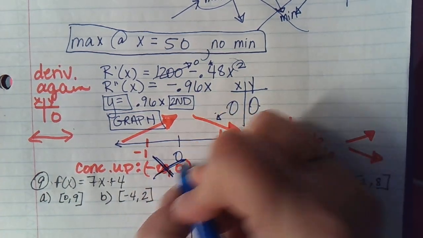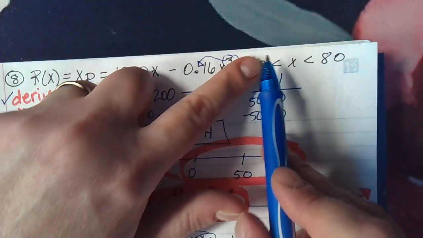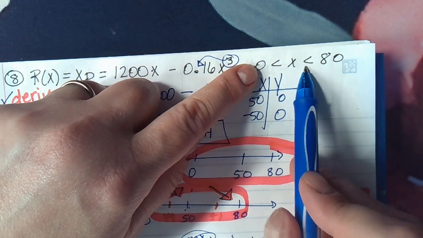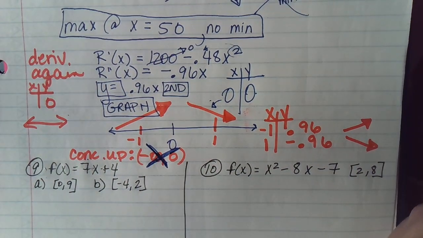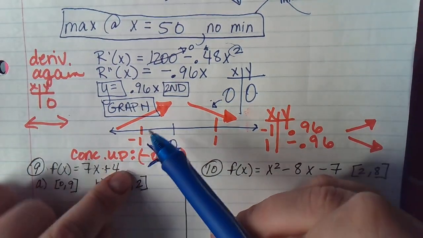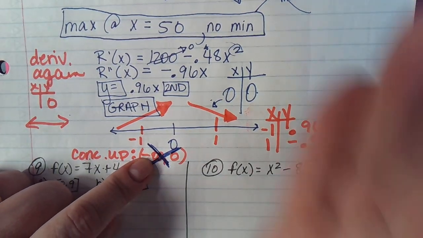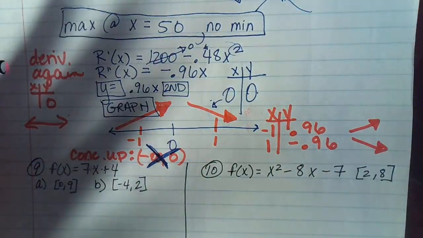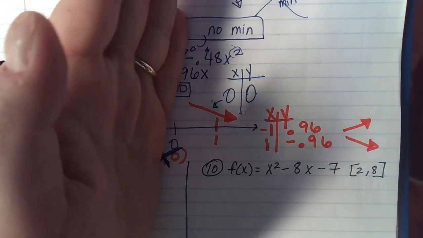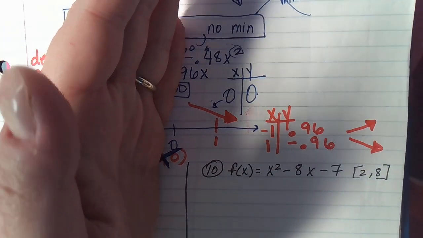The reason we can't do that is because at the very beginning of the problem, they told us that the only part of the number line we want to look at is from 0 to 80. So, this concave up is to the left of 0. We only want the portion of the graph from 0 to 80.